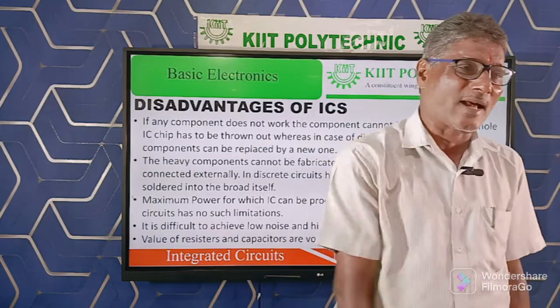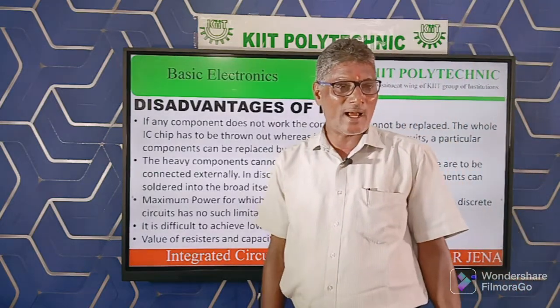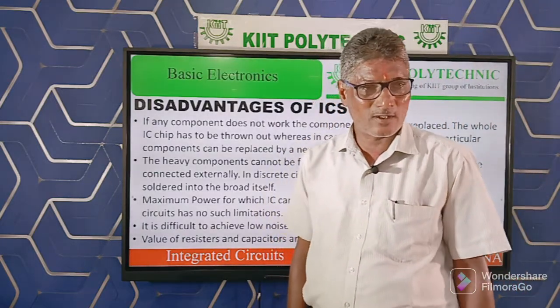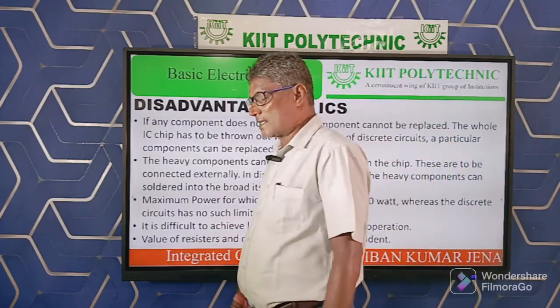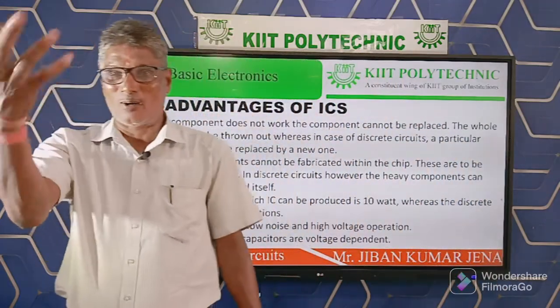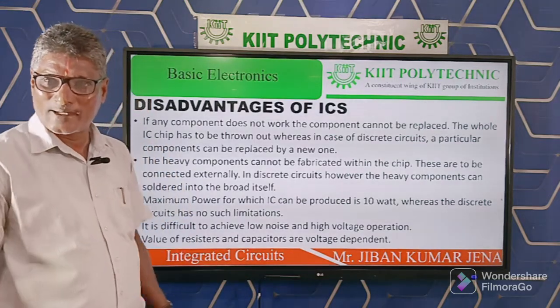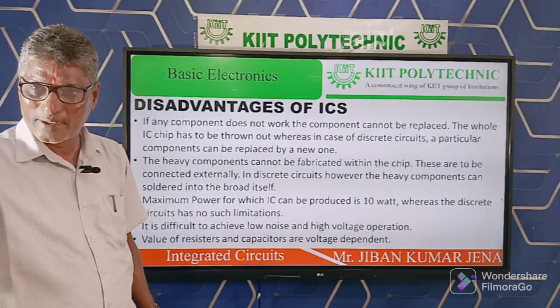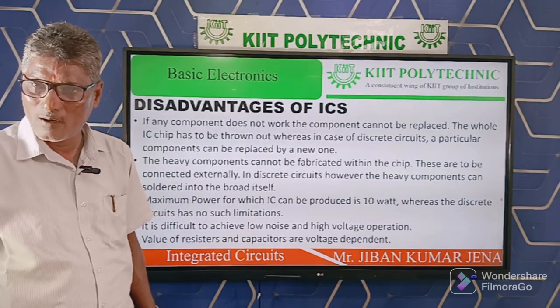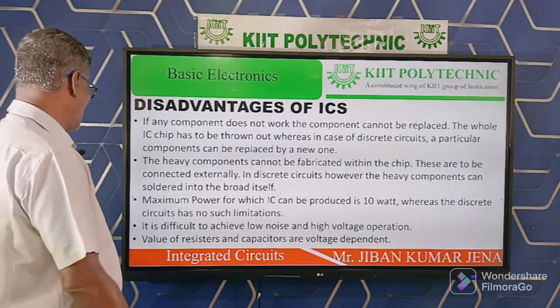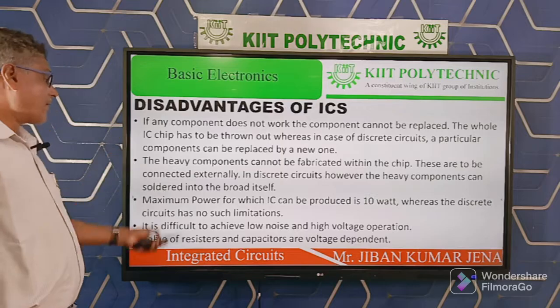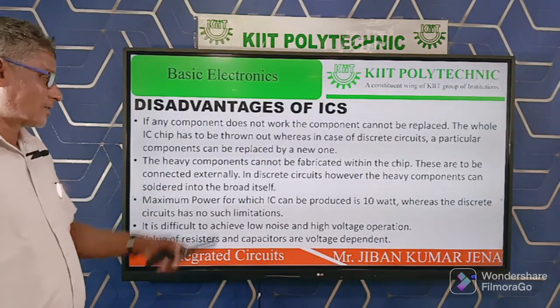You cannot replace that component. So this is a disadvantage or demerit. But in the case of a discrete circuit, you can replace that component because externally those components are connected on the PCB, or printed circuit board. Okay, understood?